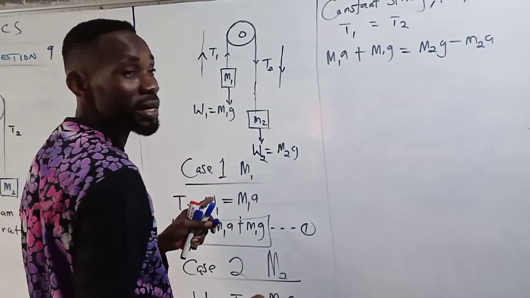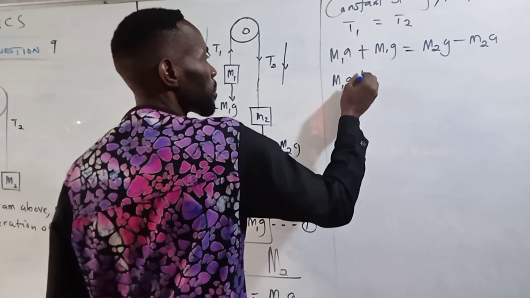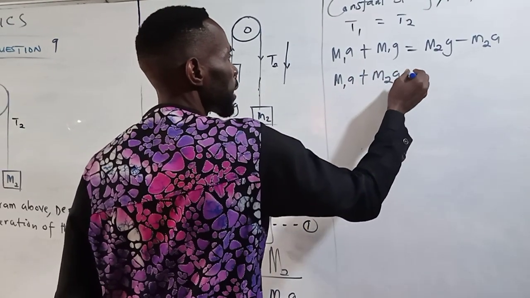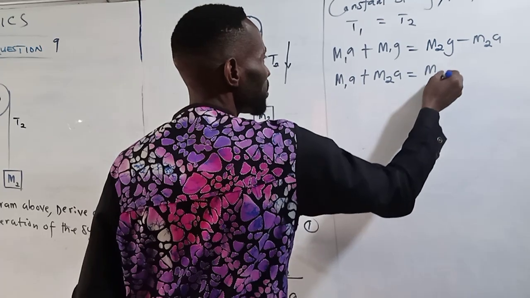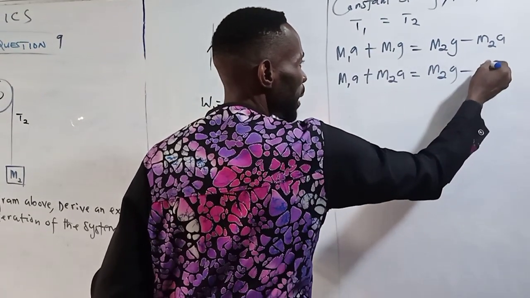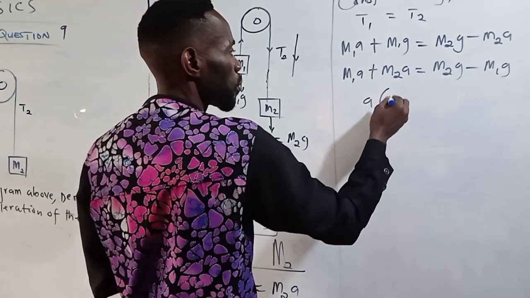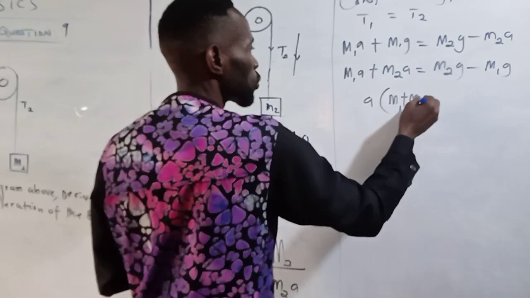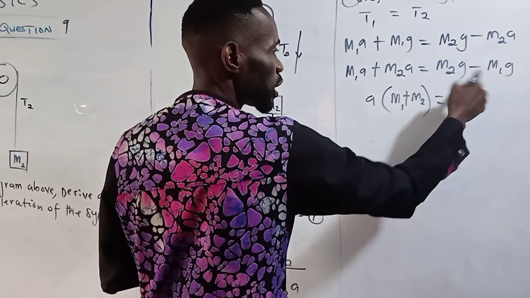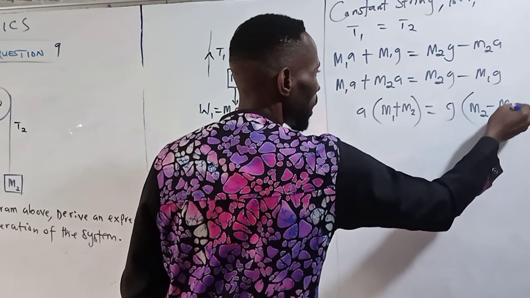At this point now we take like terms. If M2A comes this way, it becomes M1A plus M2A equal to M2G, and when M1G comes over to this side, it becomes minus M1G. A is common, so A into M1 plus M2 will be equal to, here G is common, G into M2 minus M1.